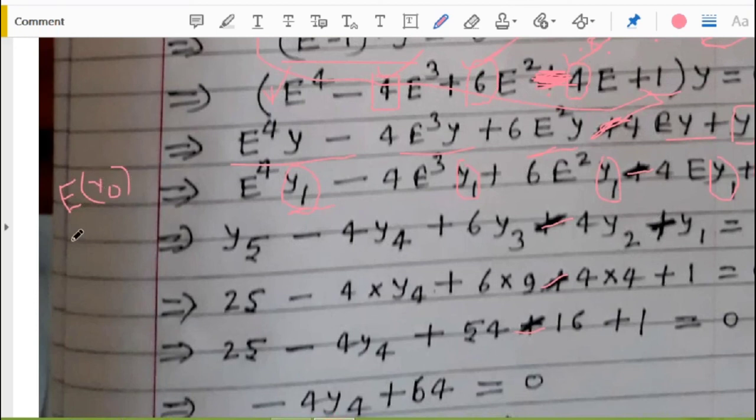So if it is y naught, the shift operator was making it what? This was x naught plus h.